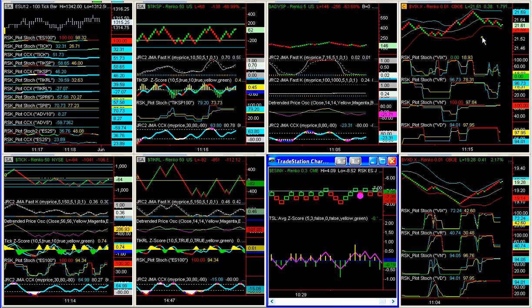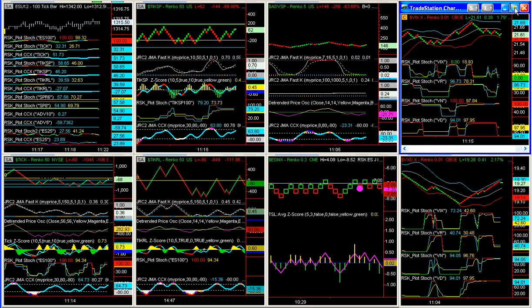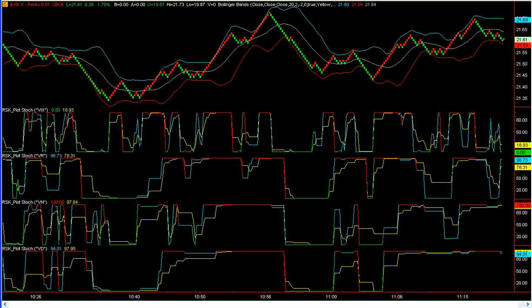And then as far as the VIX is concerned, well, let's just take a look at this. I like to look at the VIX as more of a confirmation. The VIX tends to lag a bit, so I'm not going to be quite as concerned about the VIX agreeing with the other data feeds.